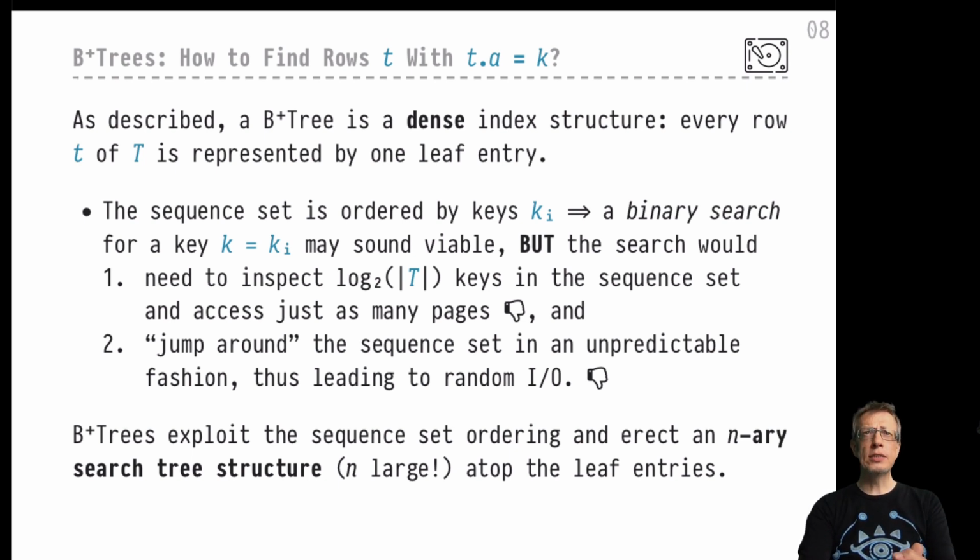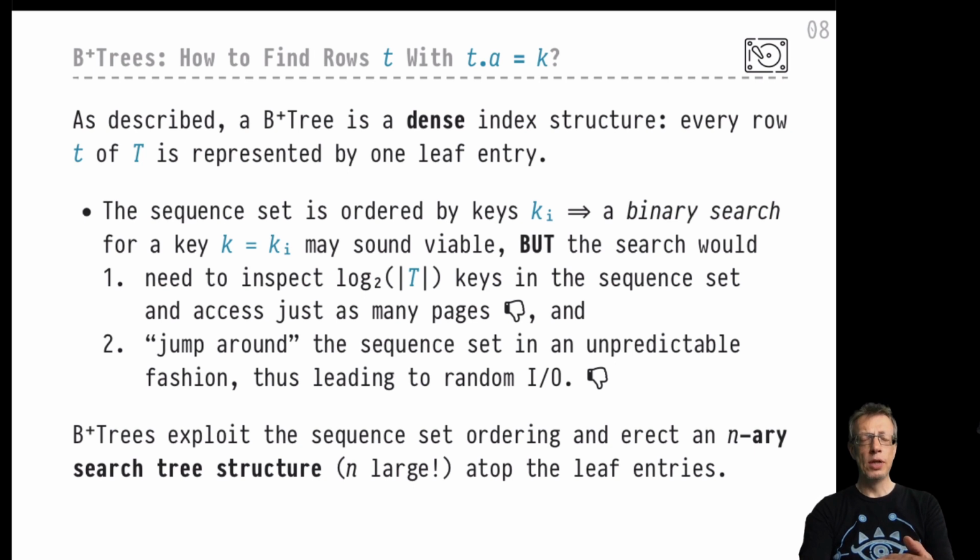One could ask yourself, hey, if there is already the sequence set chain and the entries in that sequence set chain are already ordered, that's very useful because we could just use binary search. We could binary search on the entries inside that sequence set chain. Say you are given some key value that you are looking for regarding your query.